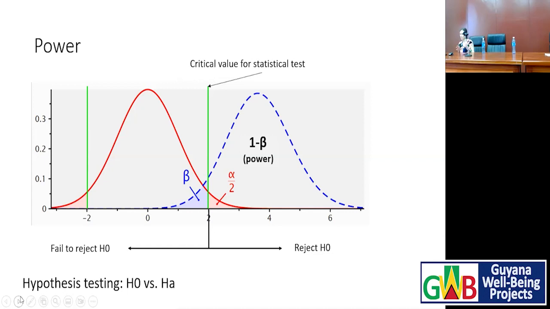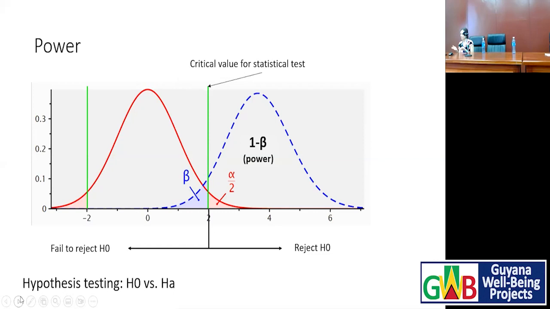For the red population, we're going to obtain a measurement somewhere within that red curve. For the blue population, we're going to obtain another estimate somewhere within that blue curve, and then we'll compare them with a statistical test.